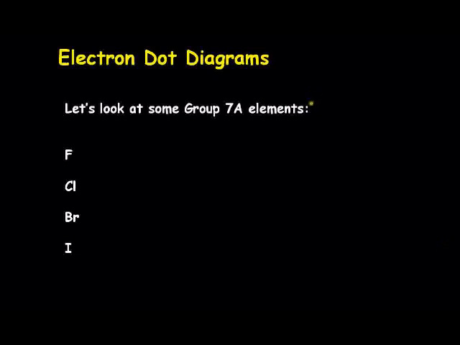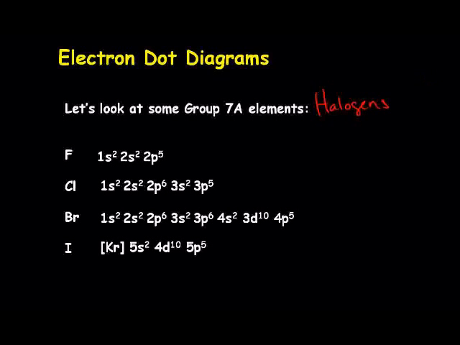If we look at some halogens and take a look at their electron configurations, if we look at the outermost energy level, for fluorine it would be energy level 2, and chlorine would be energy level 3. We would see energy level 2 and energy level 3 here both have 7 valence electrons. Now when we get down to bromine, 4 is the highest energy level.